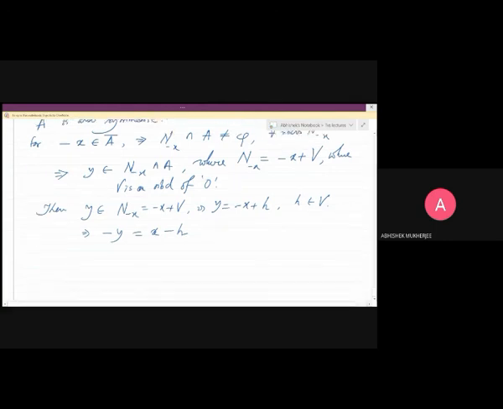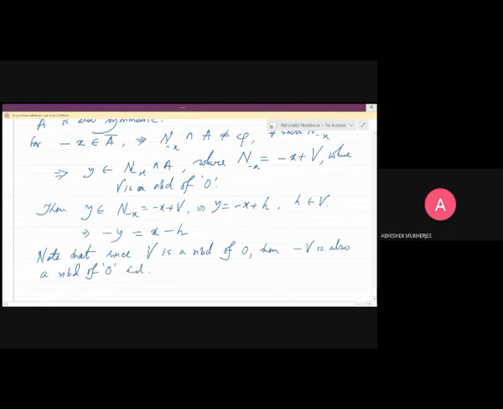Now note that since V is a neighborhood of 0, then minus V is also a neighborhood of 0.